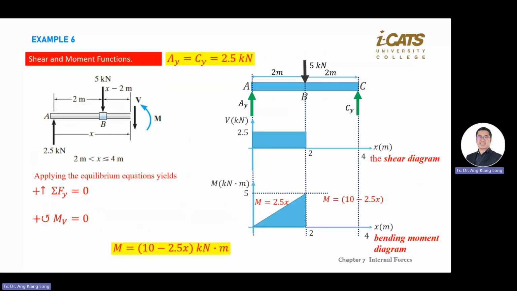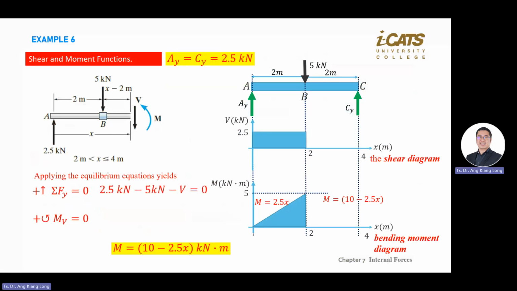Still we want to find the equation that can help us to draw this section. All the force equals 0 will help us to draw the V versus X diagram. All the moment at V equals 0 will help us to draw the bending moment diagram.